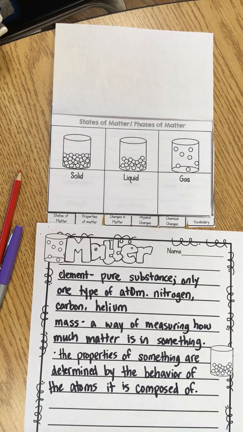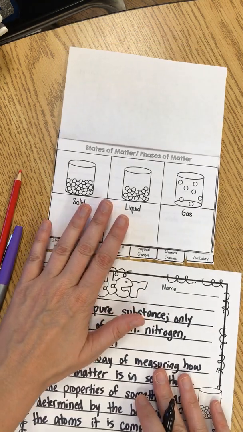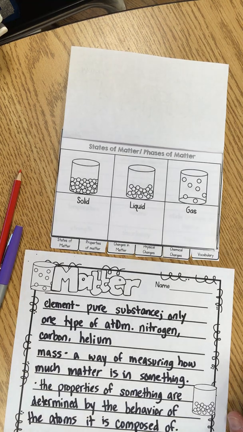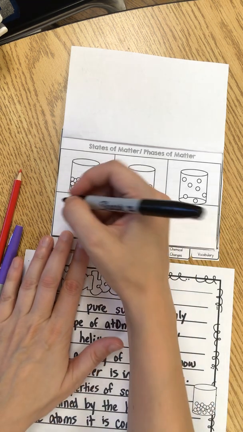In a solid, the atoms are tightly packed together, and this causes the substance to have its solid property. The atoms are so tightly packed together that they can't move past each other, and so they have a fixed volume and a fixed shape.